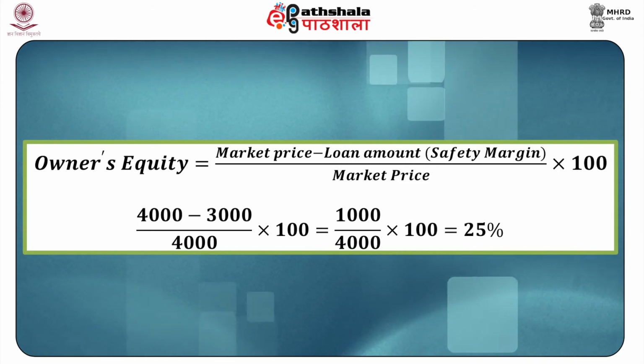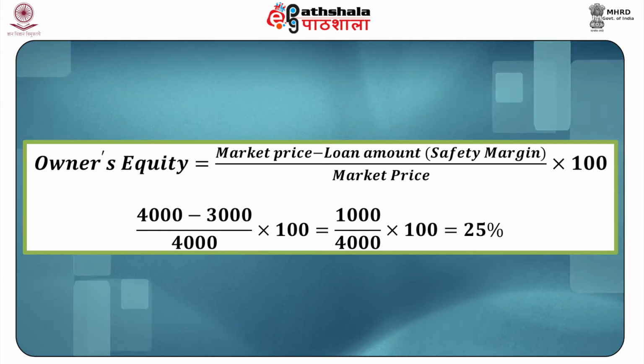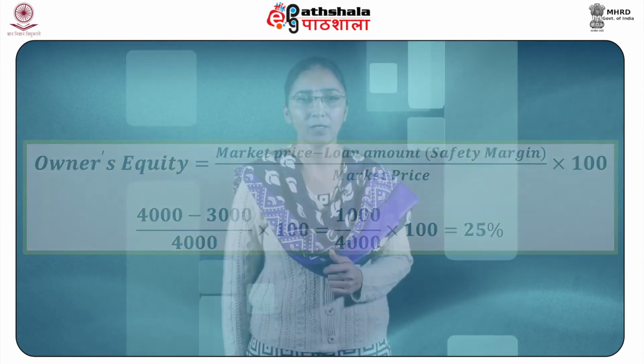In this case, this would be equal to (4,000 minus 3,000) divided by 4,000, multiplied by 100, that is 25%. So the conclusion is that since the maintenance margin has been reached, the investor will receive a margin call if the share price of ITC Limited falls below Rs 40. The investor would either have to deposit additional funds or liquidate shares to satisfy the initial margin requirement.